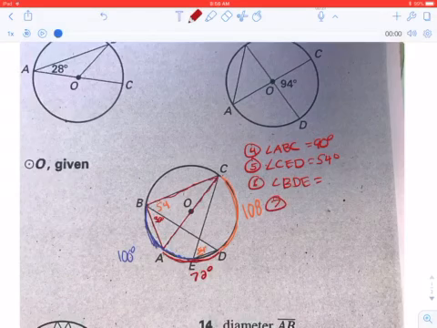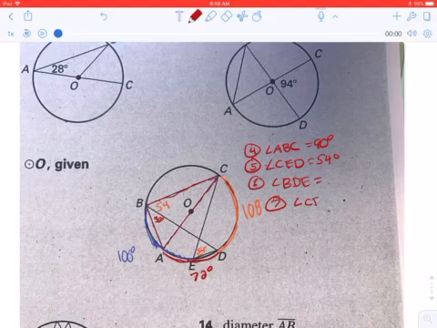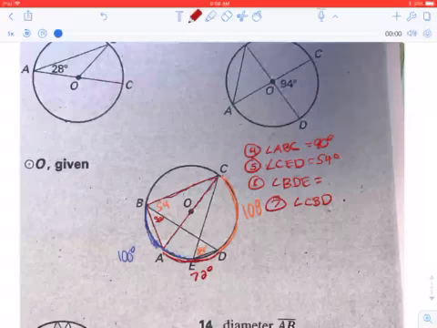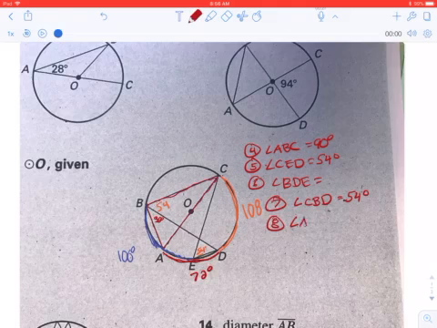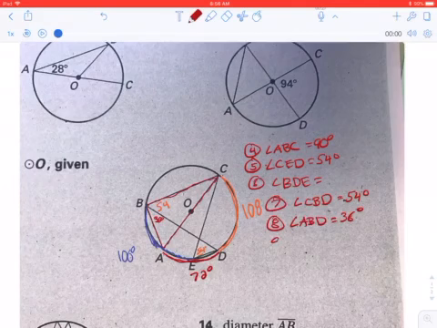And 7, I'm going to go angle CBD, and angle CBD is already solved here. It is 54 degrees. And number 8 is angle ABD. So let's see here. ABD is also marked as 36 degrees.